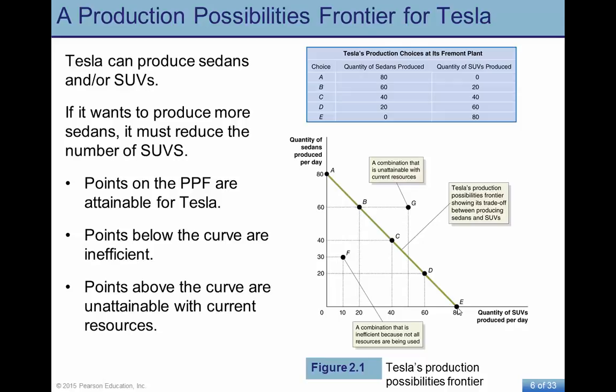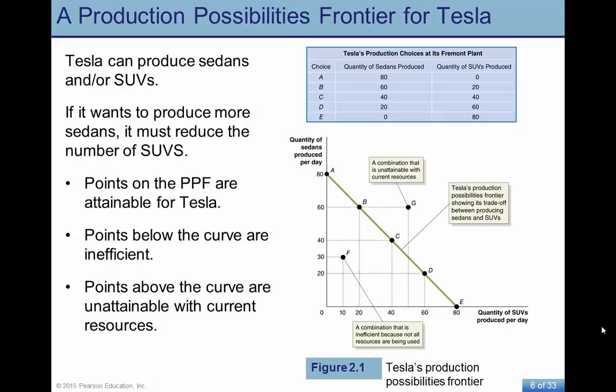Because all the resources producing SUVs and sedans are perfectly substitutable. So the marginal rate of technical substitution remains constant here, and Tesla can choose any combination on this PPF, A, B, C, D or E, and produce both cars with given factors of production and given resources.